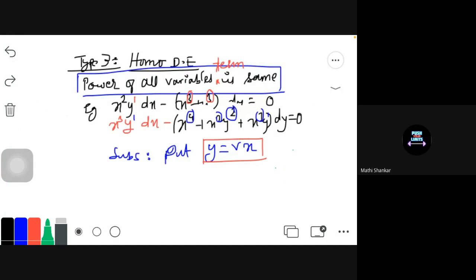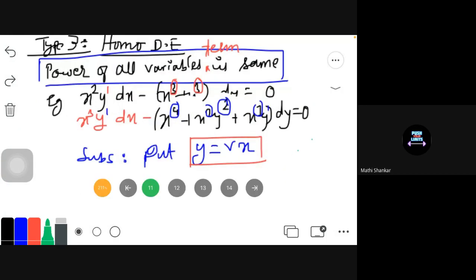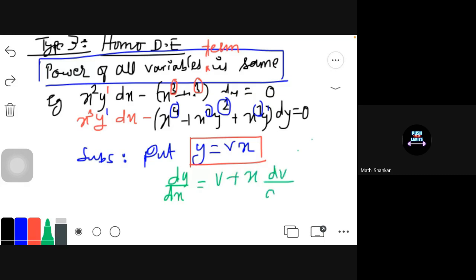So when I do this substitution, derivative with respect to x, it will be dy by dx is equals to, keeping v as constant and taking derivative of x, that will give me 1, plus keeping x as constant and derivative of v, that will give me dv by dx.